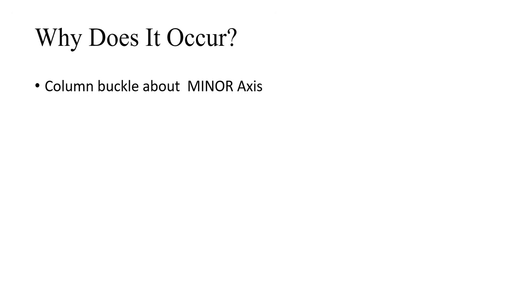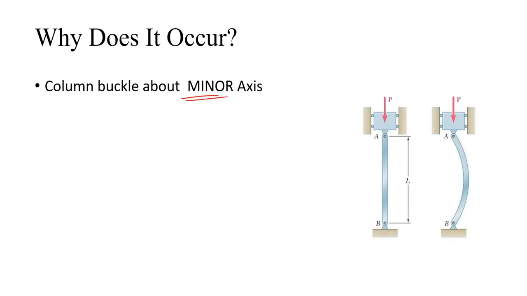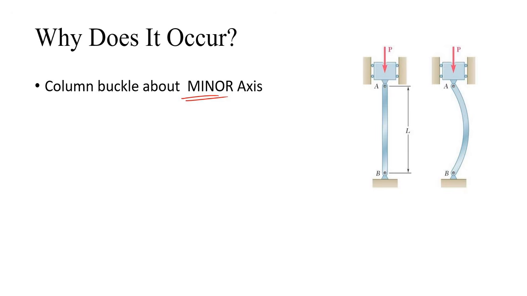So at the very first, a column buckles about the minor axis. Well, it's fine. Let's try to visualize that. If this is the column, if we apply the axial load, definitely it will buckle. Thanks to my team, they have put a very beautiful figure. So it will buckle definitely about the minor axis.